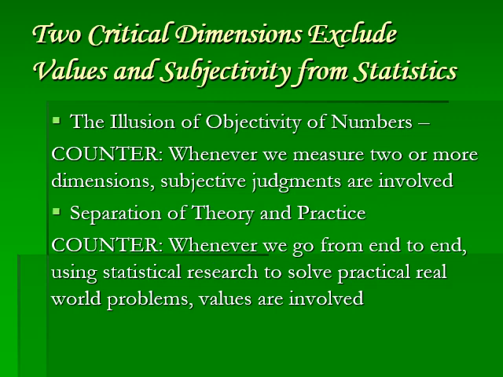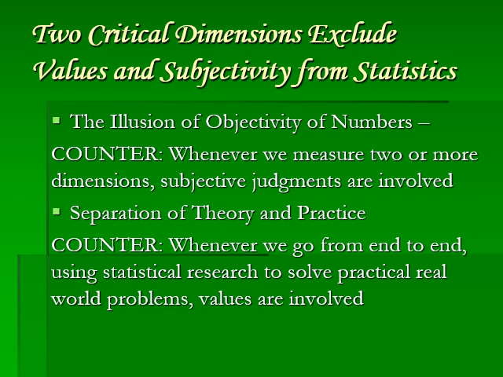There are two ways in which statistics excludes those dimensions which refer to values and creates an appearance of objectivity. One illusion is created by the objectivity of numbers. When you look at a number, it seems like this is an objective fact and there is nothing you can do to argue. And this is a mistake.